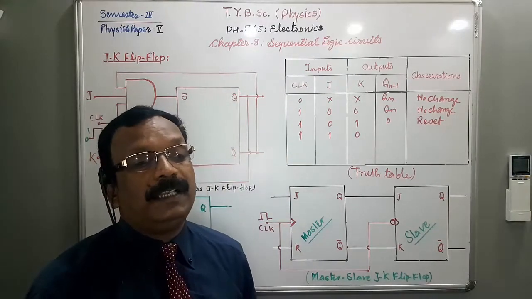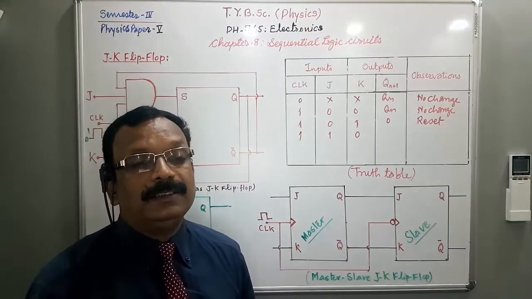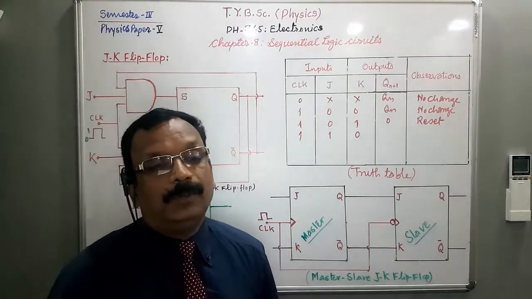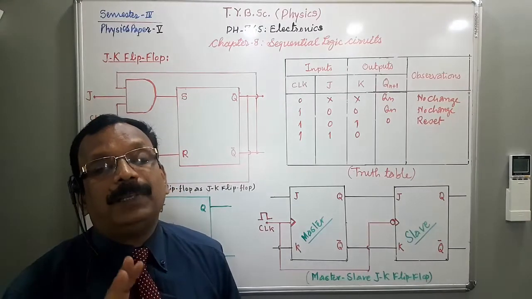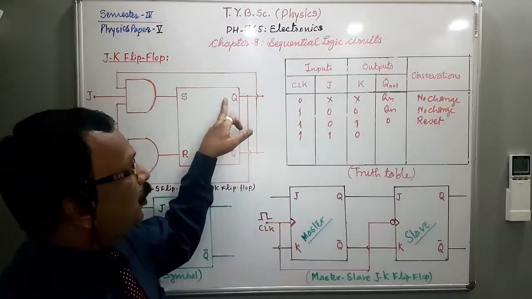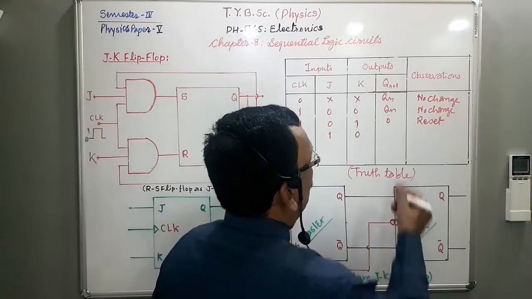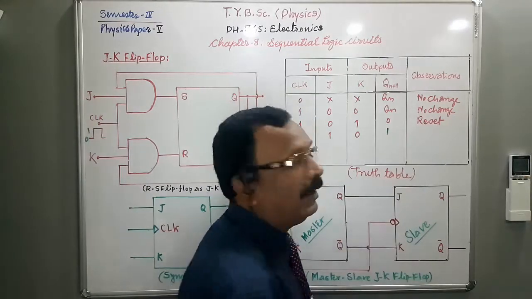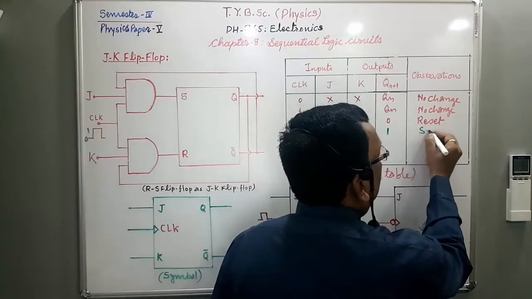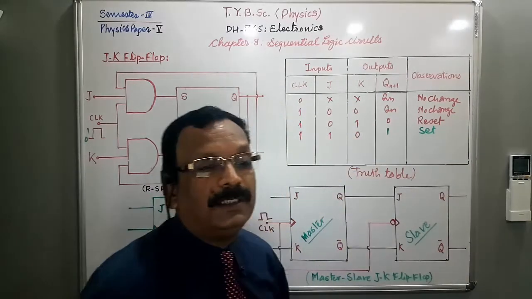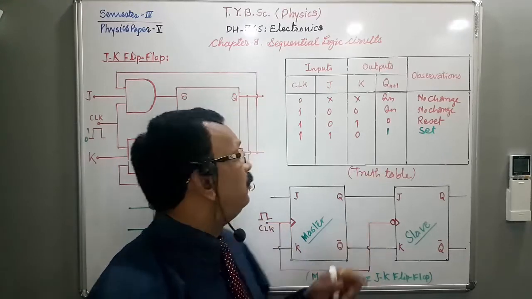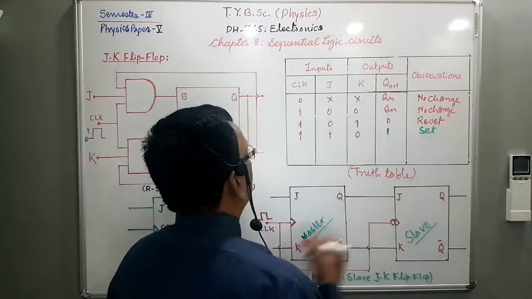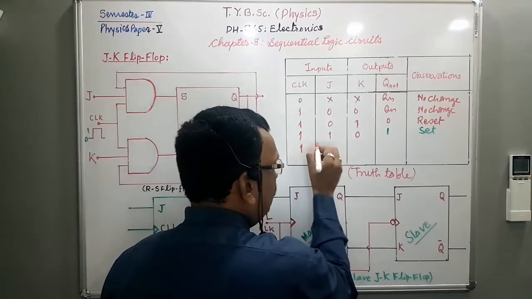The upper gate is enabled and hence will pass a set pulse. This will set the flip-flop, making Q equal to 1. When Q is equal to 1, the flip-flop is set.